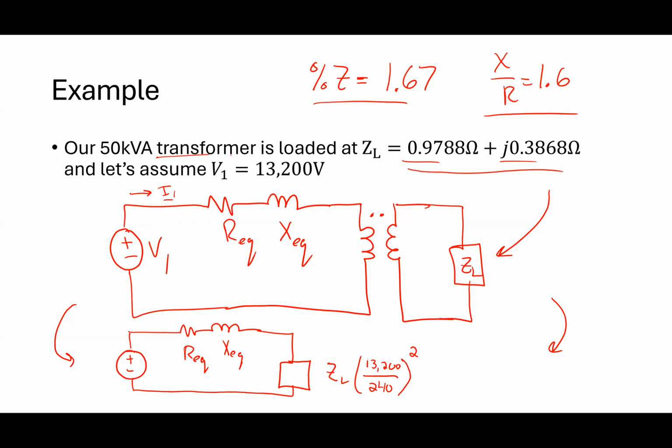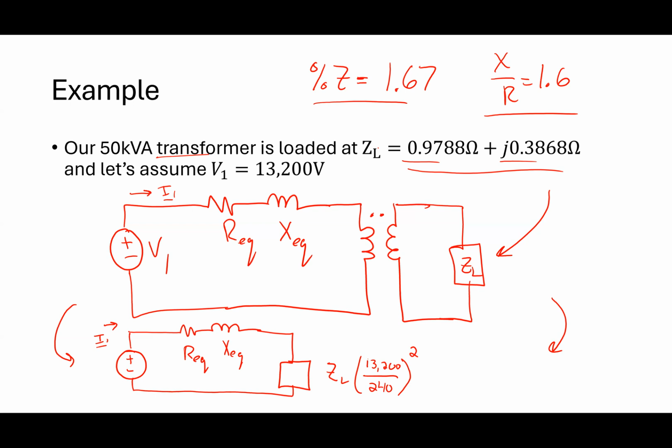And so for this, how would I solve for I1? Well, super easy, right? I1 would be V1 divided by the total impedance in that circuit. The transformer is rated for 50 kVA, but it has this impedance, so that impedance is dictating what the current is.